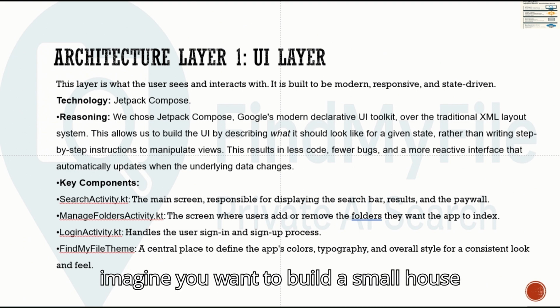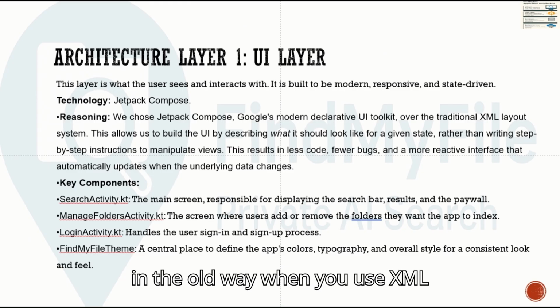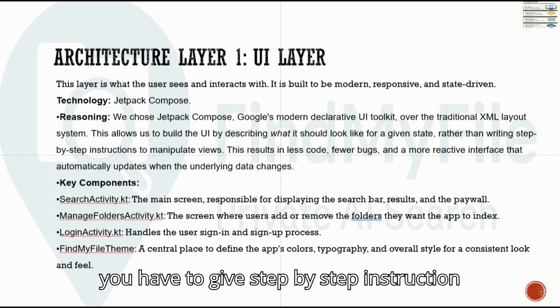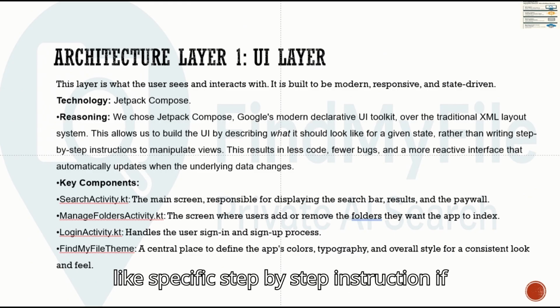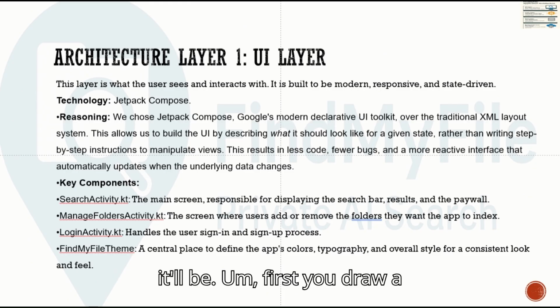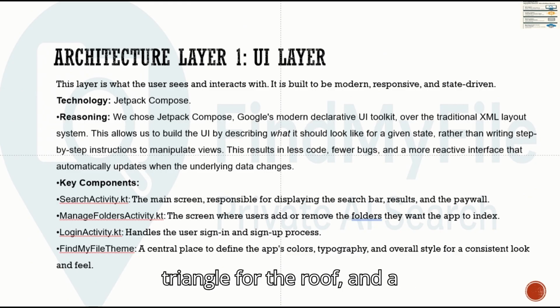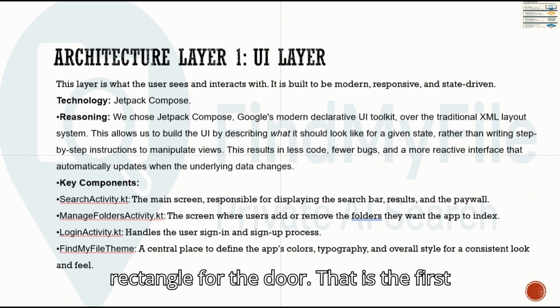So imagine you want to build a small house with a red roof and a blue door. In the old way, when you use XML, you have to give specific step-by-step instructions, like if you had to give them to a robot or to anyone. First you draw a blueprint, the XML file. You draw the square of the house, a triangle for the roof, and a rectangle for the door.